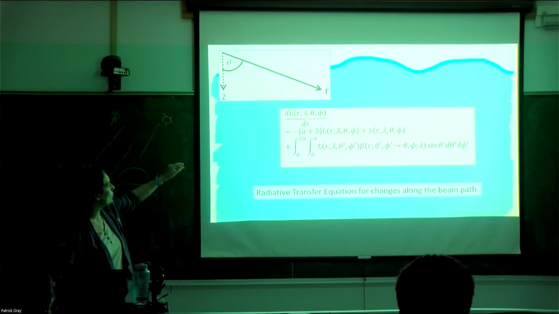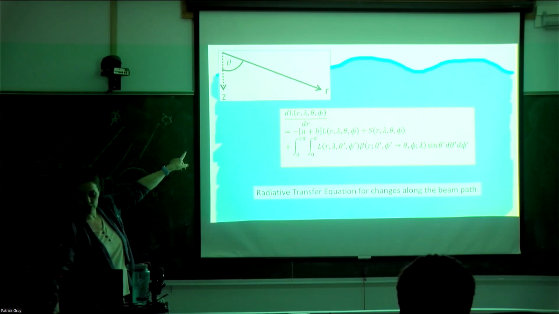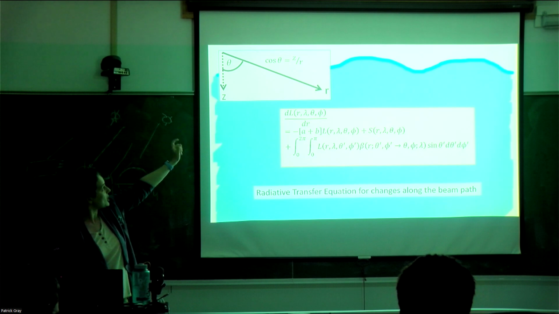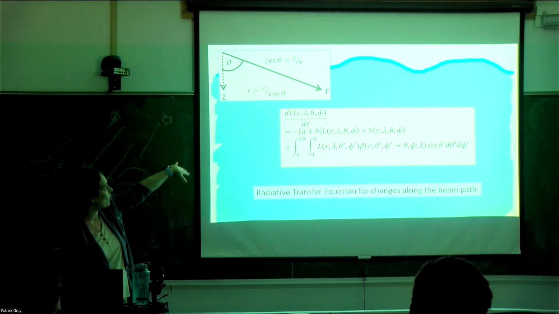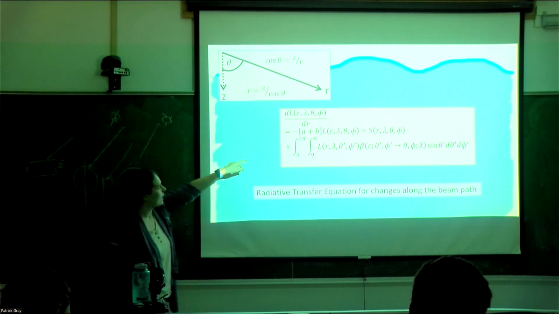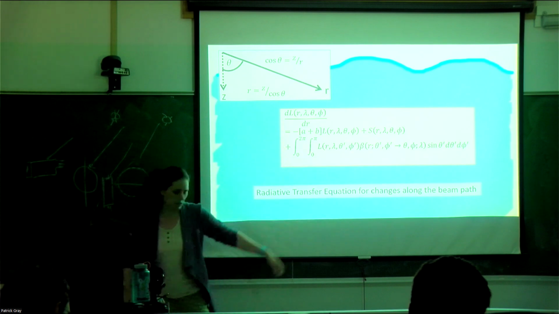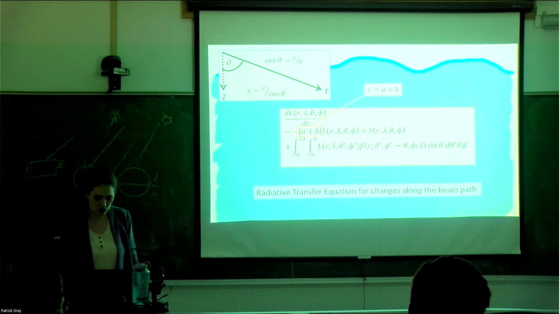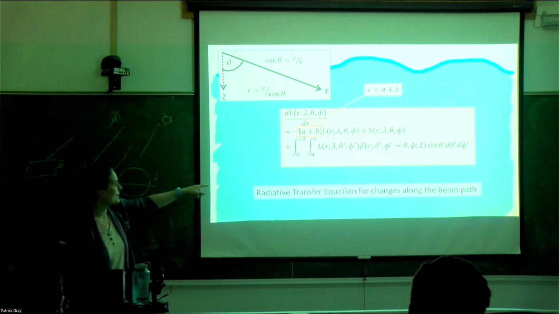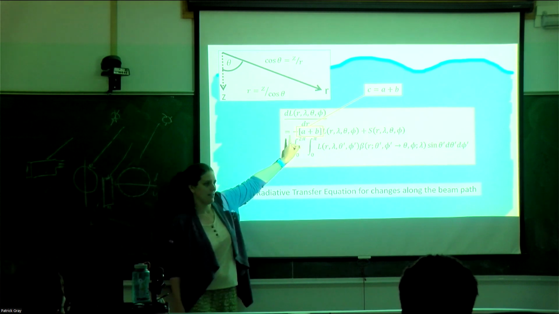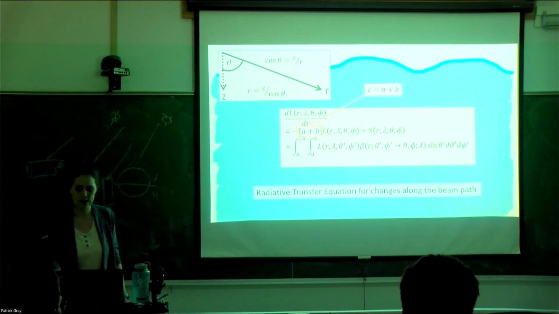And so if we do a little bit of trigonometry, our cos theta is Z divided by R, or R is Z over cos theta. And so if we substitute this into this equation, and this A plus B is equal to your attenuation, that just simplifies it slightly.